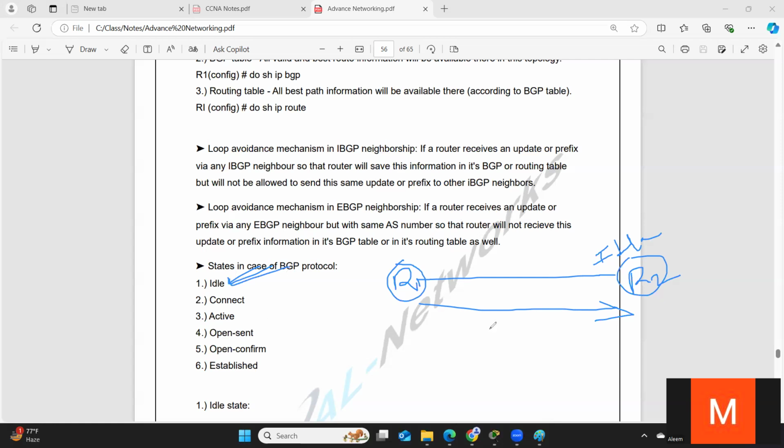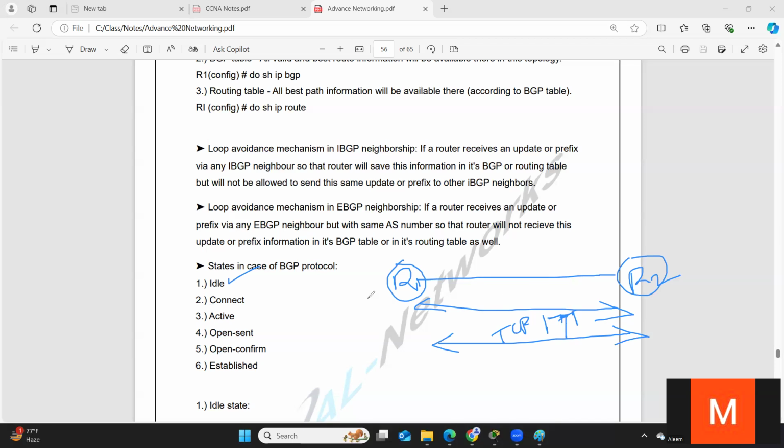Connect means once we have configured BGP between two routers, they start to send their entire prefixes. That is the connect state. TCP is used for the connection, on TCP port number 179. They establish the neighborship through the TCP three-way handshake.